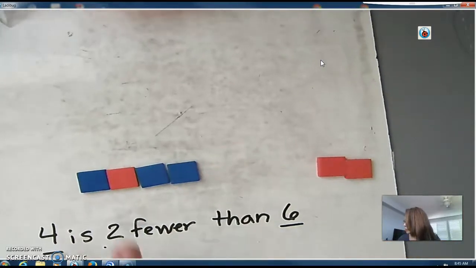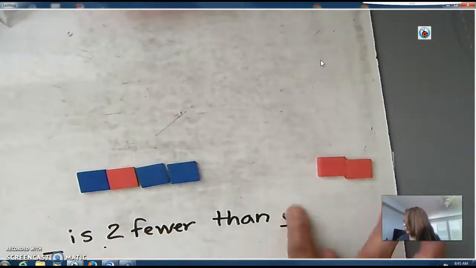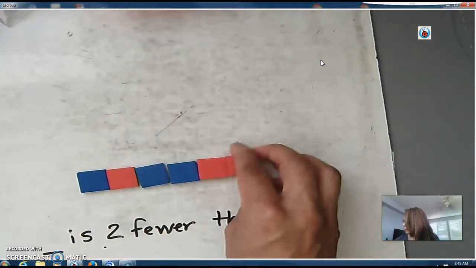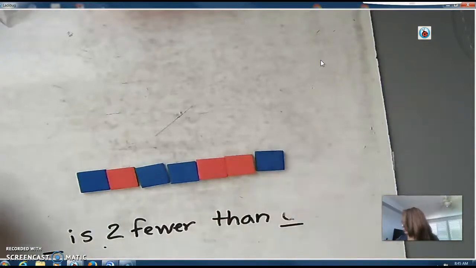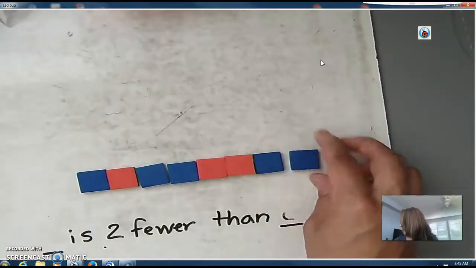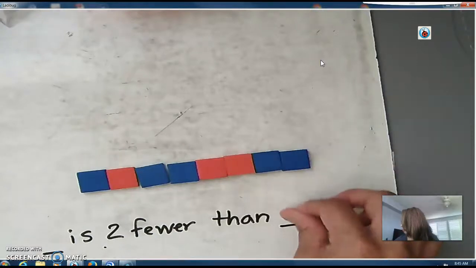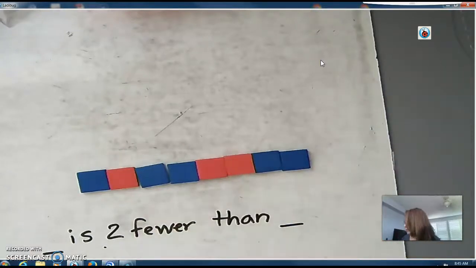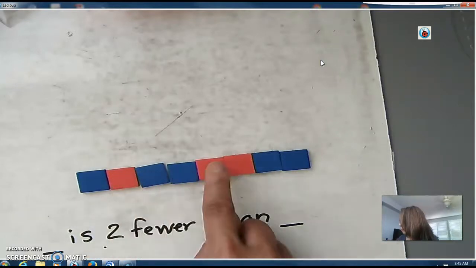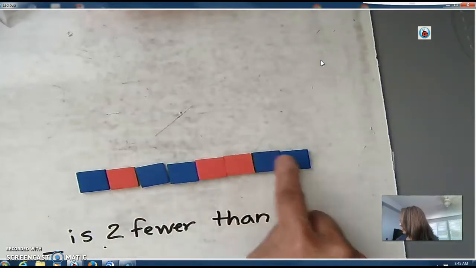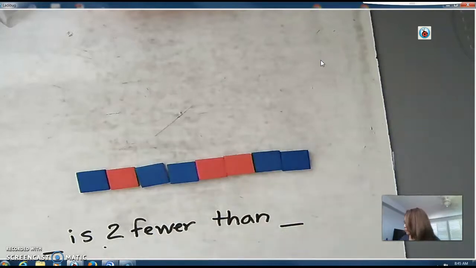All right, so let's do another one. We're going to erase these two numbers, and we're going to have a little bit more. See, can you see those? All right, I just added a few more. So first, before we do 2 fewer, we have to count how many in the big group. Ready? 1, 2, 3, 4, 5, 6, 7, 8. So this time there's 8.